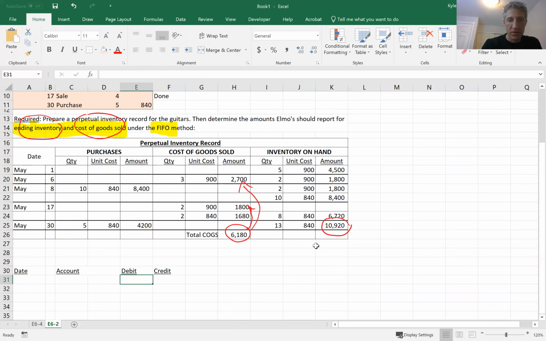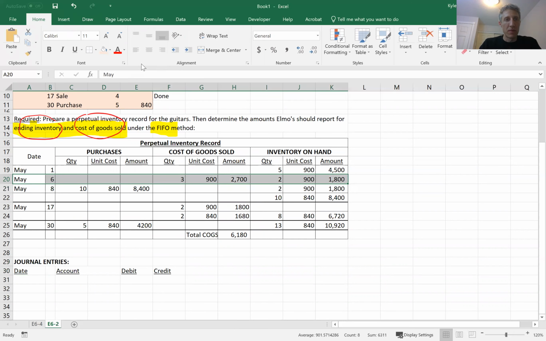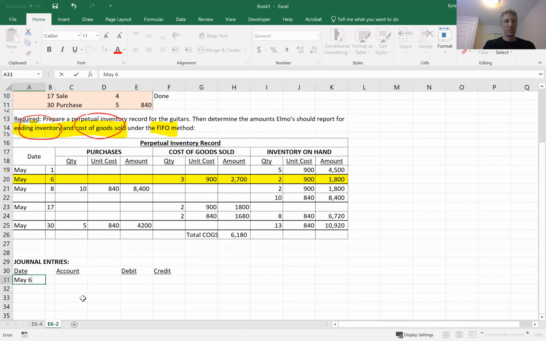Okay. And again, I'll give us a little bit of a cleaner schedule to work with. So I'm going to start by just focusing on May 6th. So here we made a sale.